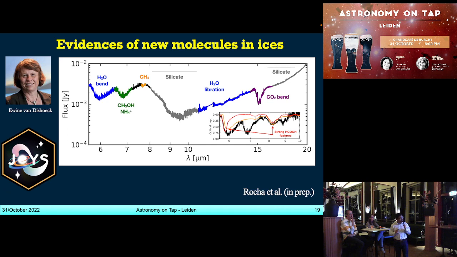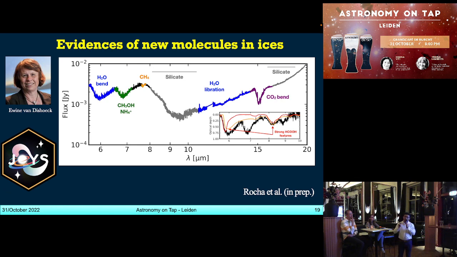One of the nice things that was completely unexpected: when I plotted the spectrum, I was not expecting to see that band. That's this red spectrum here overplotted on the black. The black is the same that we're seeing here, but without this band here, that's the silicate. So basically, this molecule is formic acid.